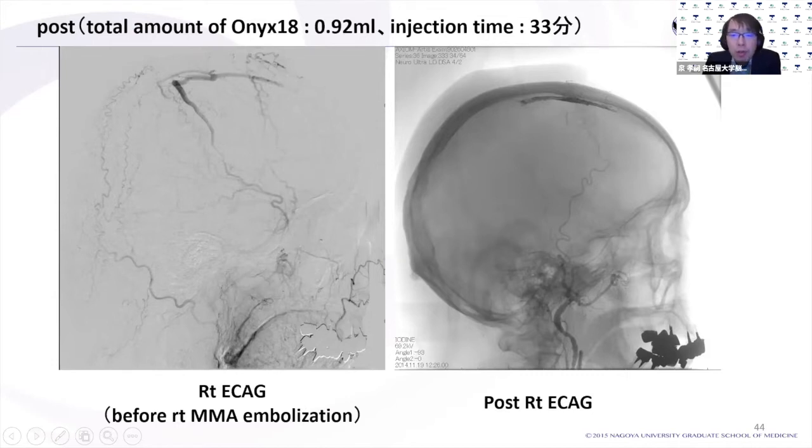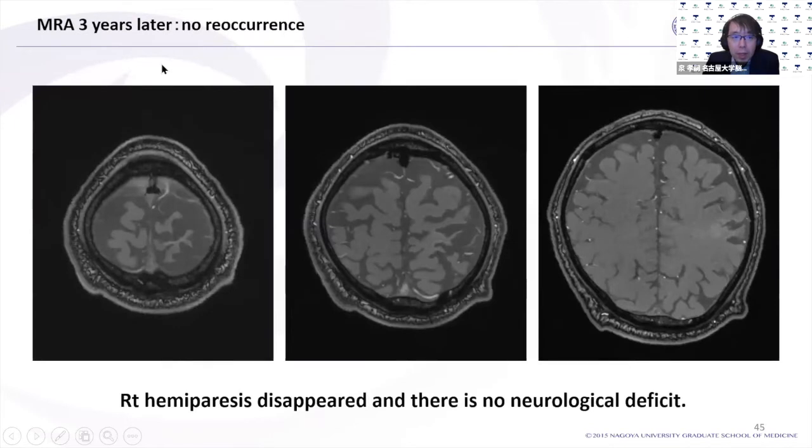Injection time is 33 minutes. In this case, 3 years later, the MRA showed no recurrence. Right hemiparesis disappeared soon, and there is no neurological deficit.